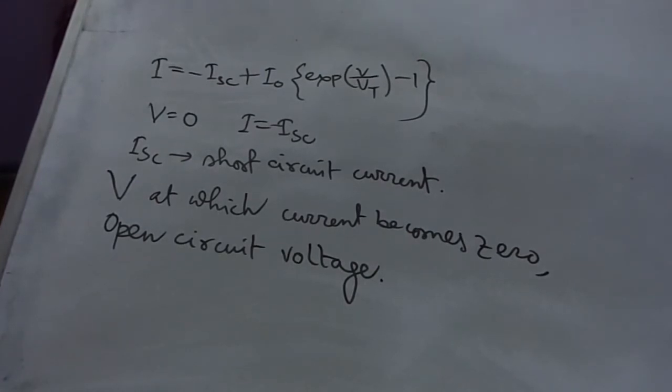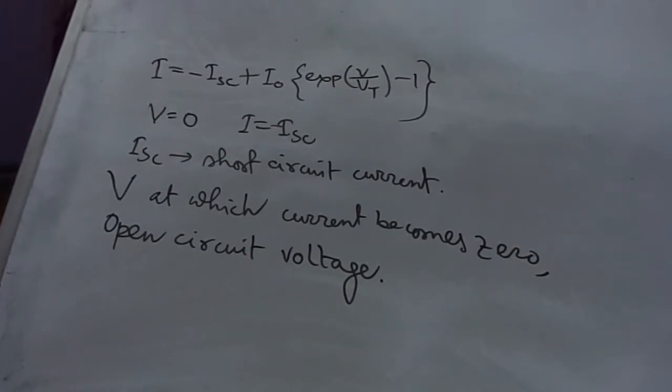Now, in order to obtain as much energy as possible from a rather costly PV cell, it is desirable to operate the cell to produce maximum power.